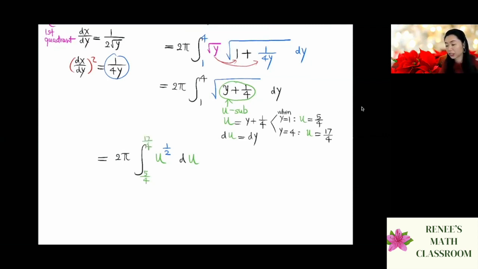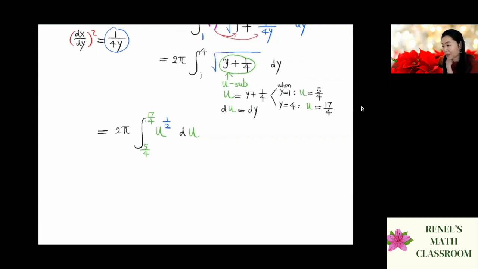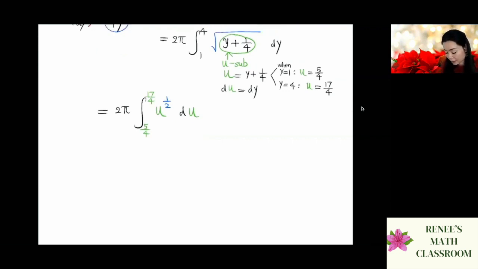So we change the upper and lower limit over here. So this is a simple integral, right? It's not too bad. So this is going to be 2 pi. The antiderivative of u to the 1/2 power is going to be u to the 3/2 power times 2 over 3. U goes from 5 over 4 to 17 over 4.